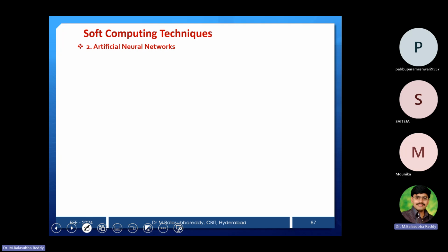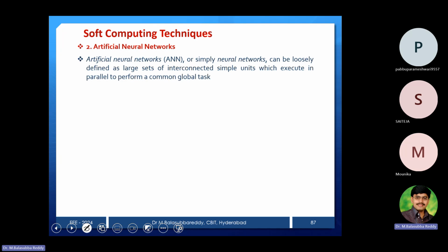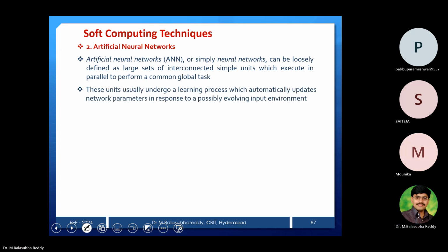In evolutionary algorithms, again, there are different kinds of heuristic techniques, which you can discuss briefly. And the artificial neural network, simply called a neural network, or ANN, in general, can be loosely defined as a large set of interconnected simple units which execute in parallel to perform a common global task.